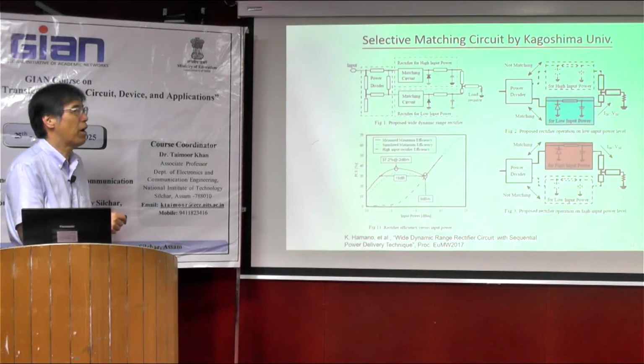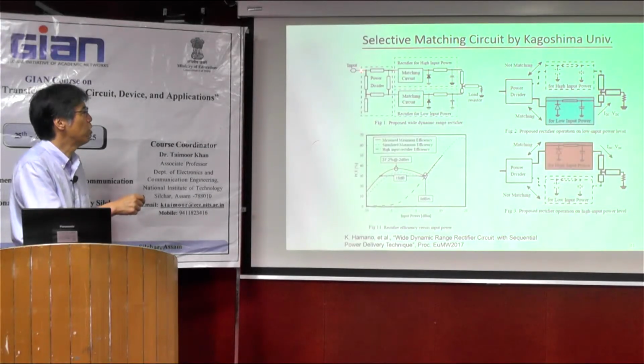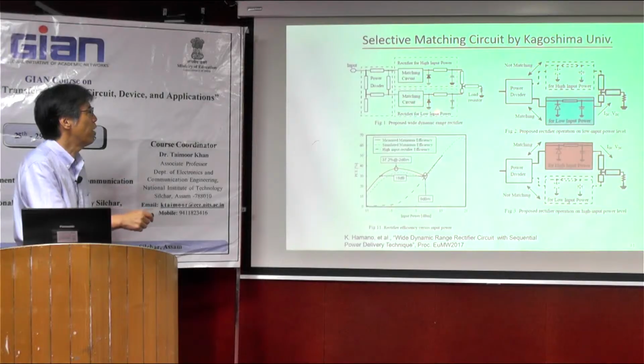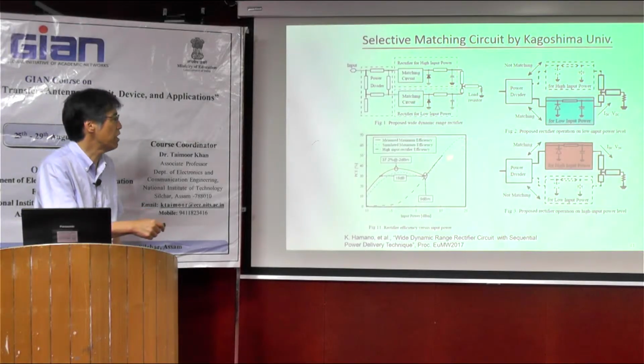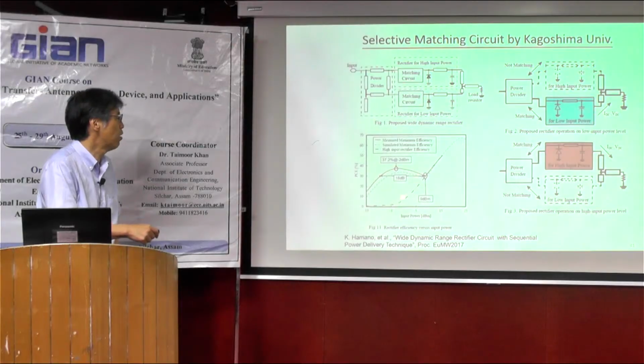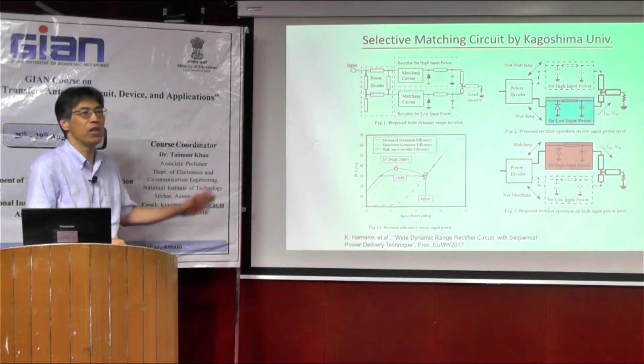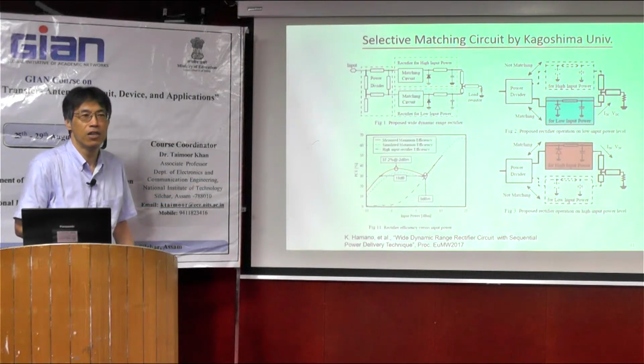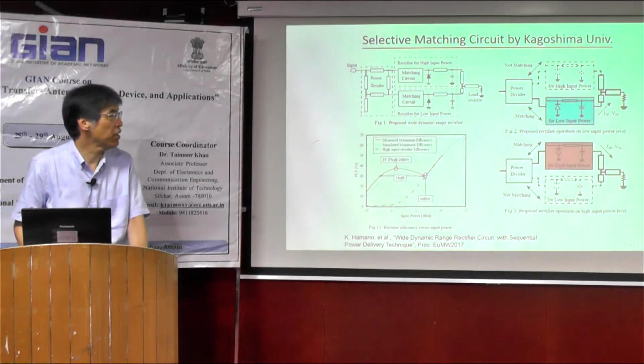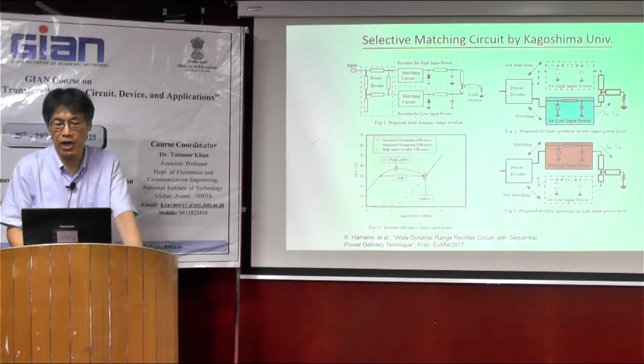And when power becomes lower, impedance is changed, and this low power is led to this low power rectifier. So as a result, for both low power input and high power input, efficiency is very high. So this is a very interesting selective matching rectifier.